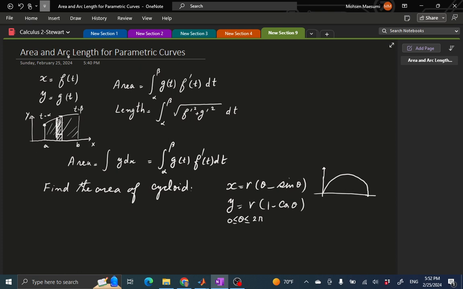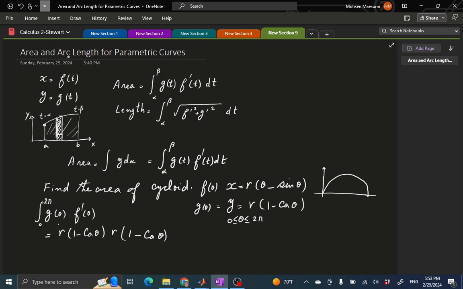So this is my g of theta, and this is my f of theta. I need g of theta times f prime of theta. So g of theta is of course r times 1 minus cosine theta. F prime is another r times the derivative of theta with respect to theta, which is just 1, minus the derivative of sine, which is cosine. We need to integrate this thing from 0 to 2 pi.